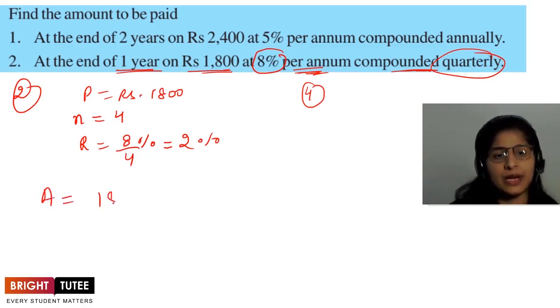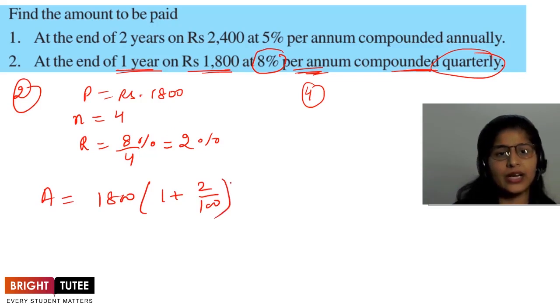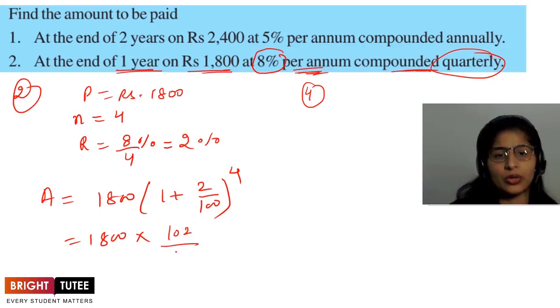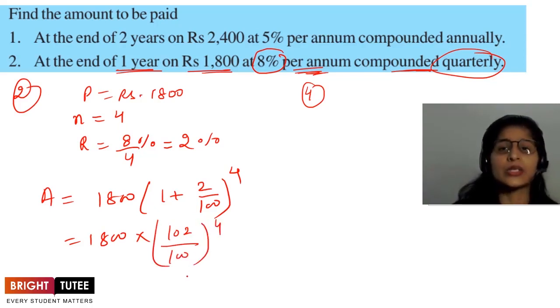Amount is principal into 1 plus rate upon 100 to the power n, that is 4. So we get 1800 into 102 upon 100 to the power 4. Clear? You can solve it and get the value for the amount.